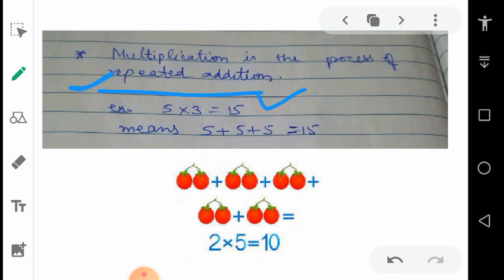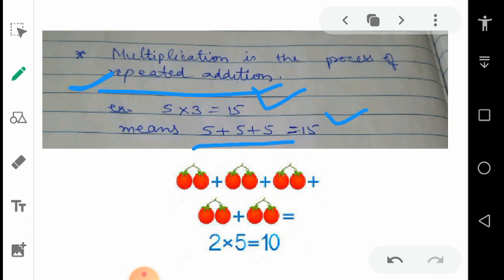Here 5 multiplied by 3 is the same as 5 plus 5 plus 5. As you can see, 5 is added 3 times to itself, and as 5 3s are 15, similarly 5 plus 5 plus 5 is also 15. Here 5 is added 3 times, so we can say 5 multiplied by 3 gives 15.